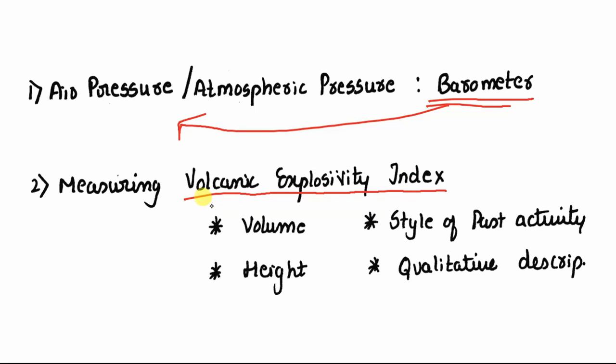Okay, and we can see what the criteria for this are. This also can be asked as a separate question. What are the characteristics of the volcanic explosivity index? What are the things which are taken into consideration?